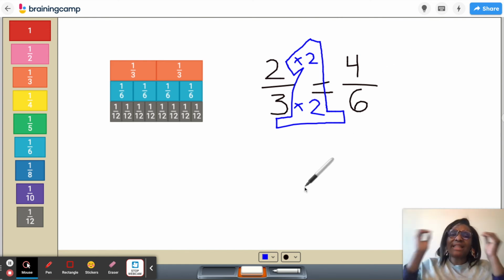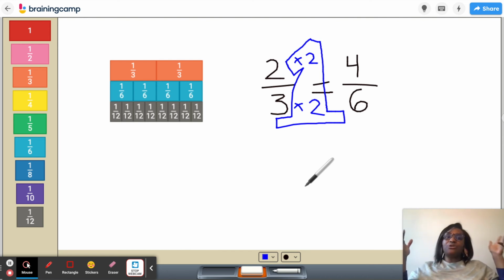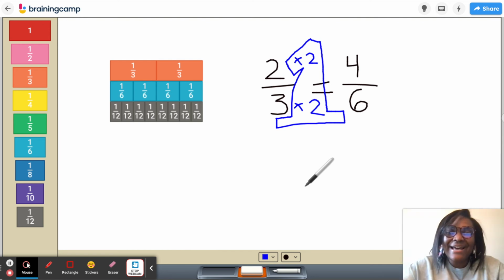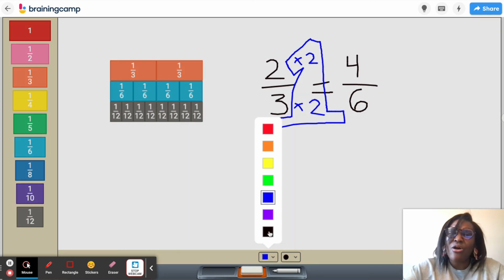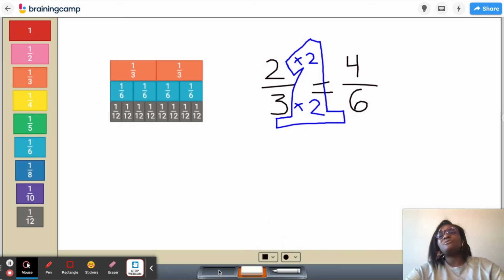And that will just be like a whoa, that's so cool. Some more advanced students will be like, oh wow, okay. And even your students who aren't so advanced, it's good for them to know this, so they don't just think that, oh, I'm just multiplying numbers together. Like, no, this is the same thing as multiplying by one. And anything times one is itself. So it's the same thing with fractions.